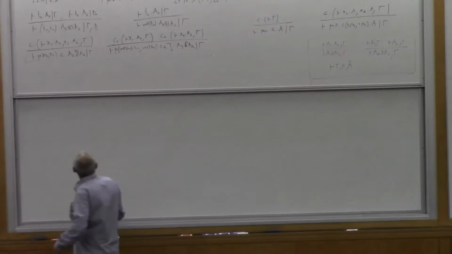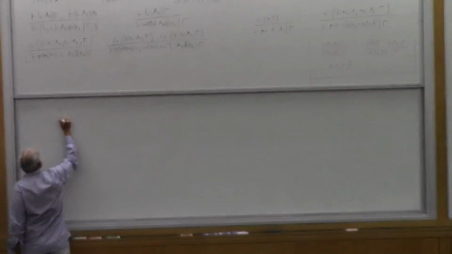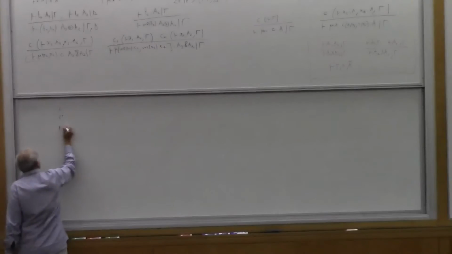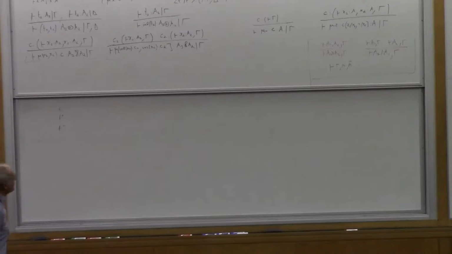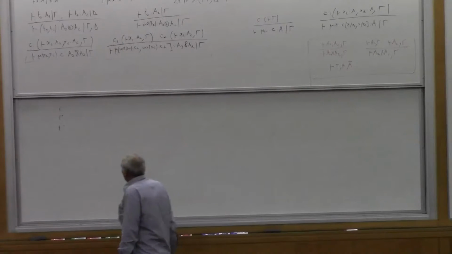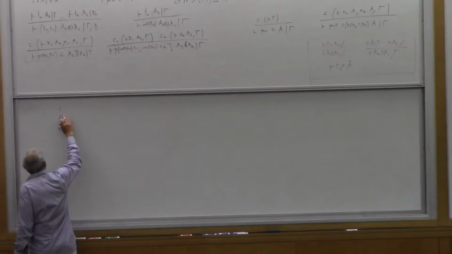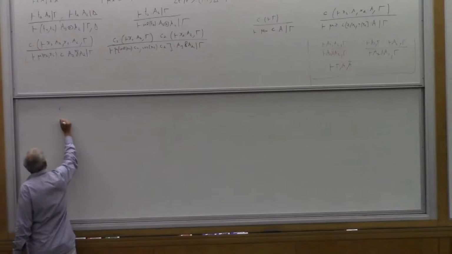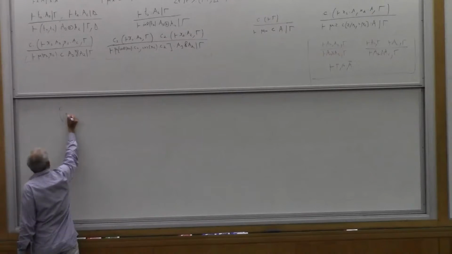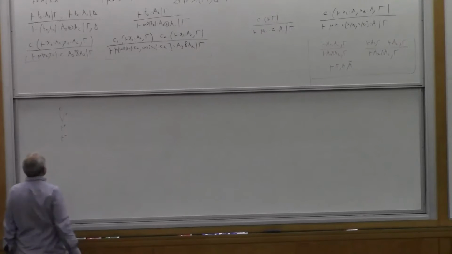So instead of having three categories of terms, which were C, T plus, and T minus, that's what we had before, then we are going actually to do something else. We are going to do C, V plus, T plus, and T minus.